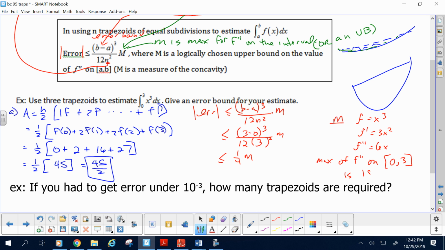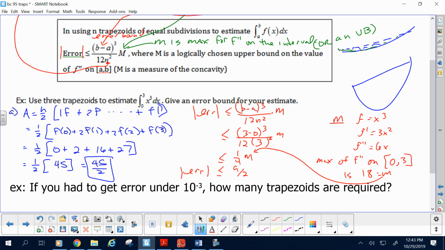And so we would say that M is 18. We could say that's the greatest rate at which the slopes are changing, and therefore causing the curve in the curve.